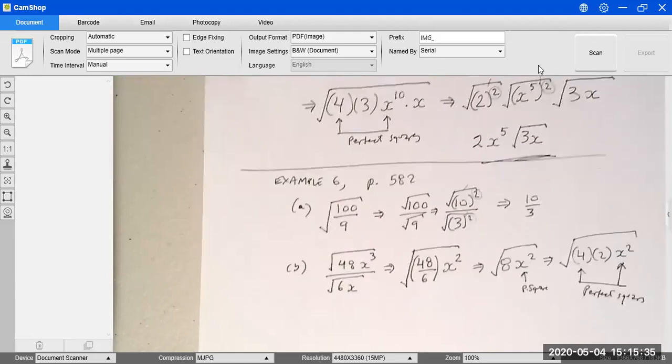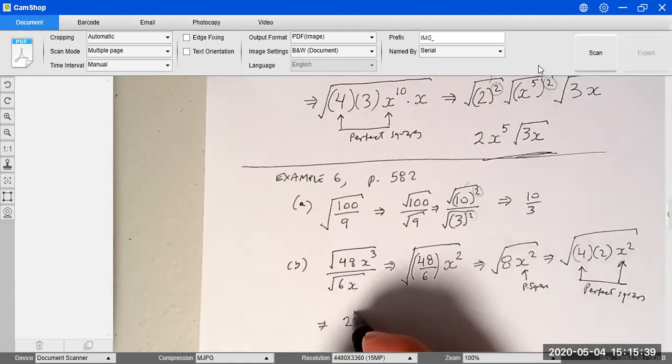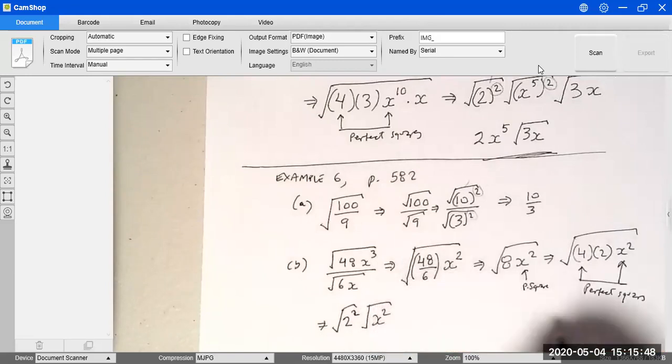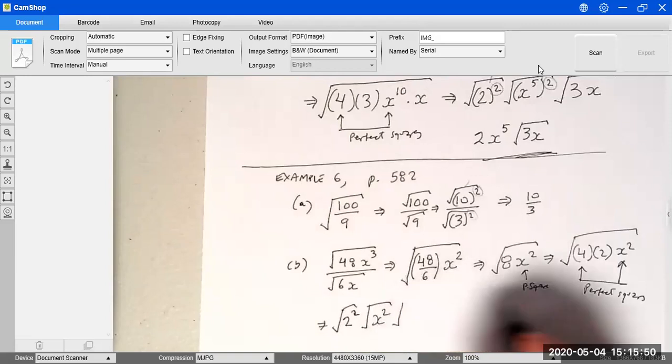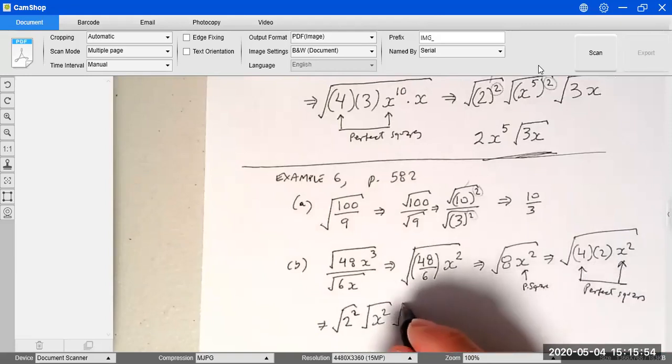So I have one radical for 4, that is 2 squared, and then I have another radical for x squared, and then I have a radical for the only non-perfect square, which is 2.